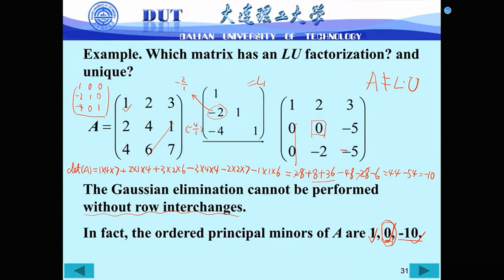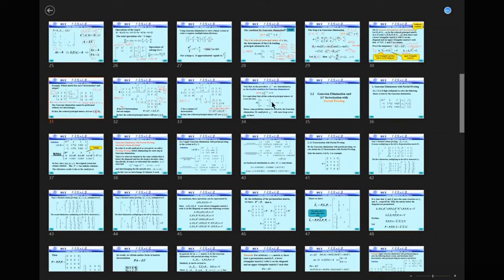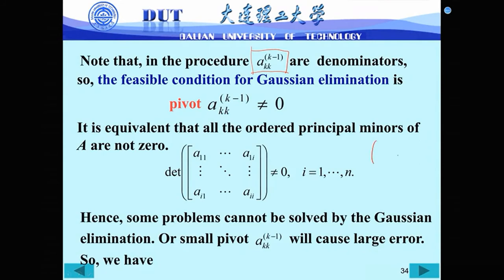Or we can consider another example, like 0, 1, 2, then 1, 2, 3, and 3, 4, 5, a 3 by 3 matrix. Now you see this first element is 0, so we cannot use Gaussian elimination in step 1. The first pivot is 0.